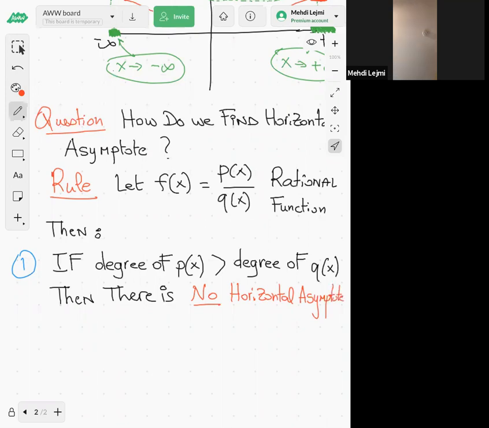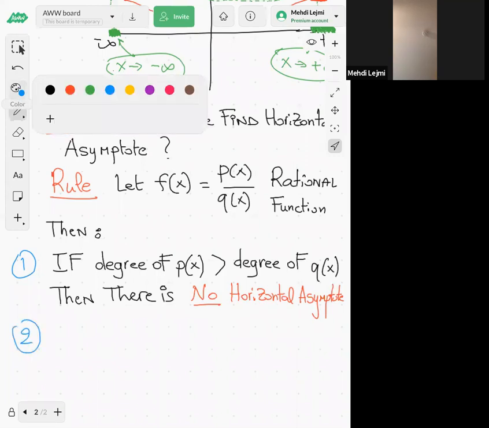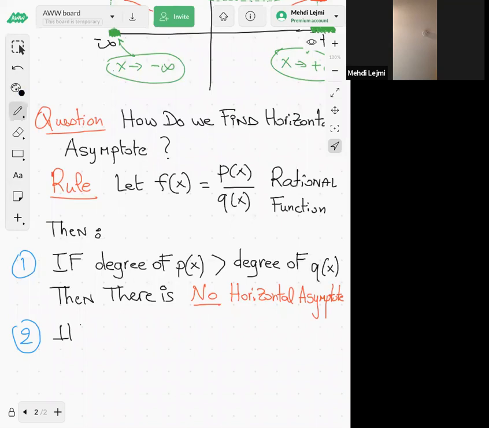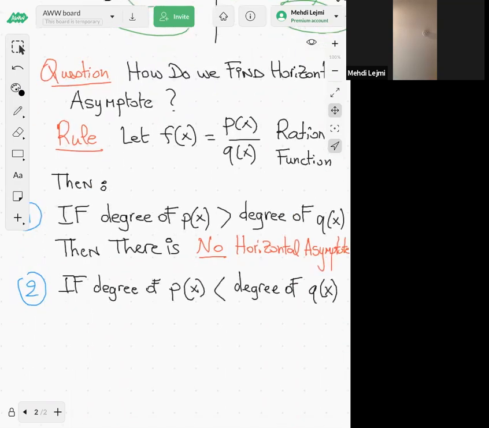Okay, if the degree of the top, the highest power of p of x, is less than the degree of the bottom, of q of x, then y equals 0. That's the x-axis.